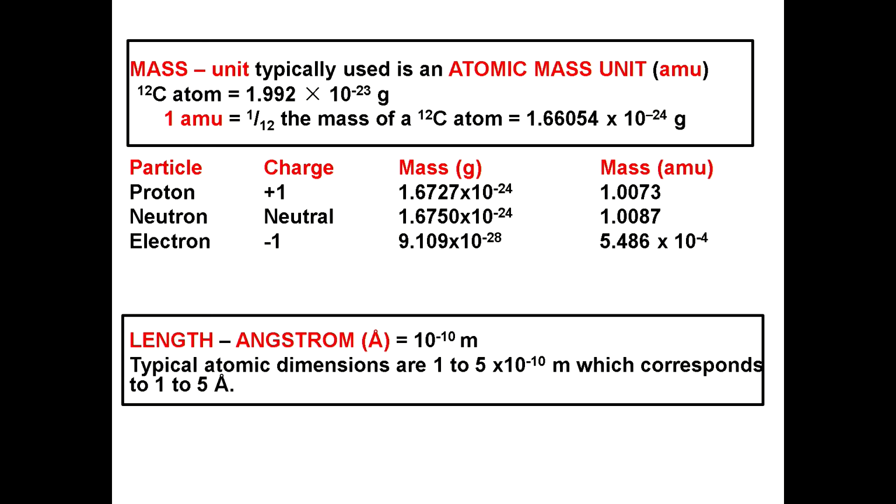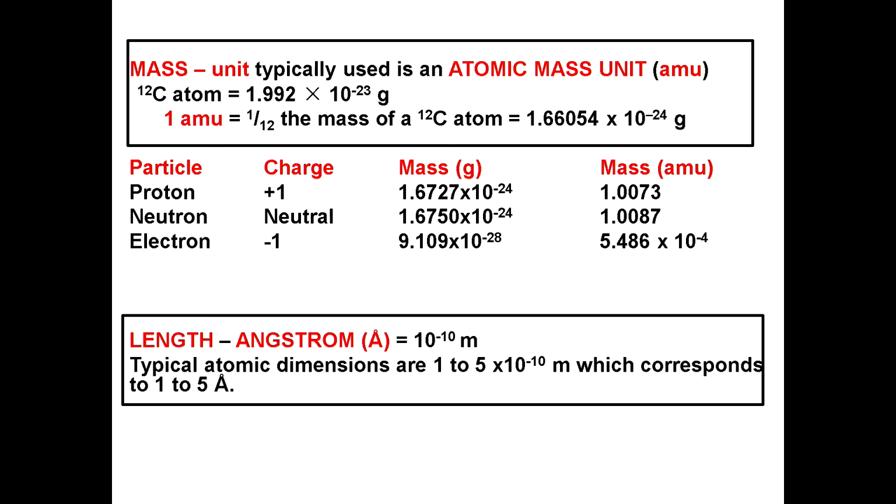Length: basically we use the angstrom, which is 10 to the power of minus 10 meter. This is called 1 angstrom. Typical atomic dimensions are like 1 to 5 angstrom.